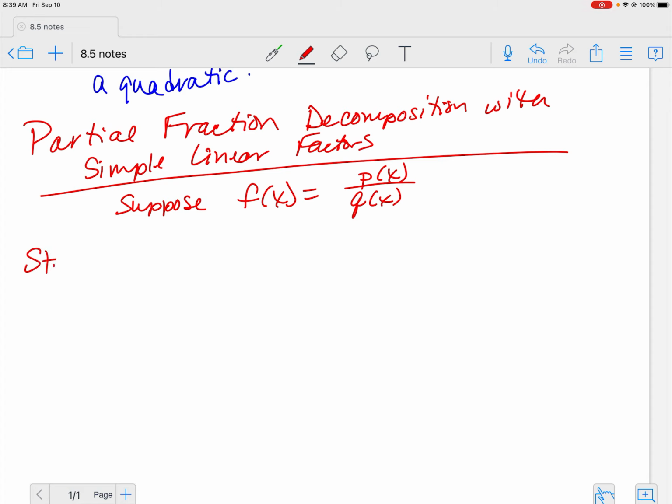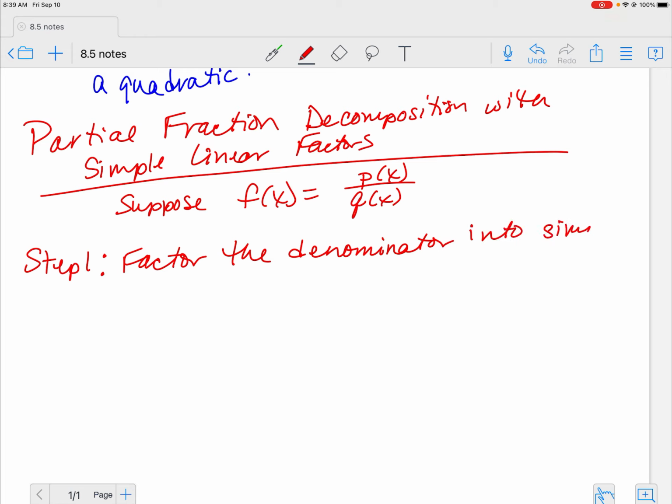So step one. Factor the denominator into simple linear factors. Okay, that's step one. Step two is do the partial fraction decomposition.